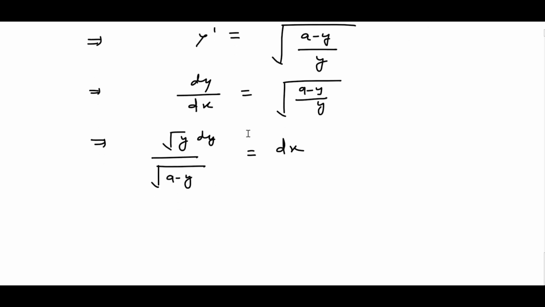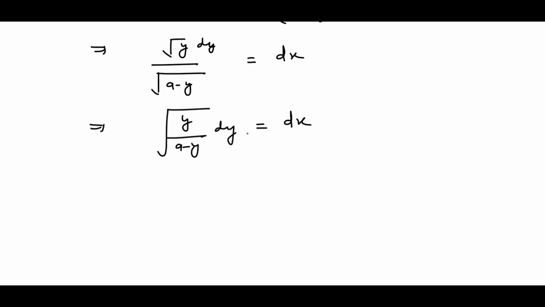So now further this can be written as the square root of y over a minus y dy is equal to dx. So now integrate on both sides. The constant we can write here as capital B.